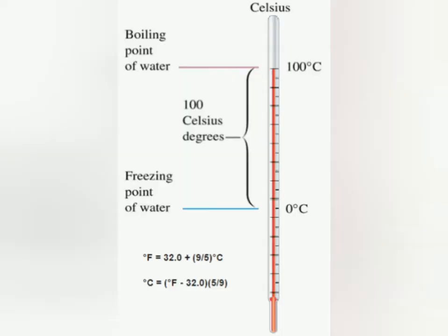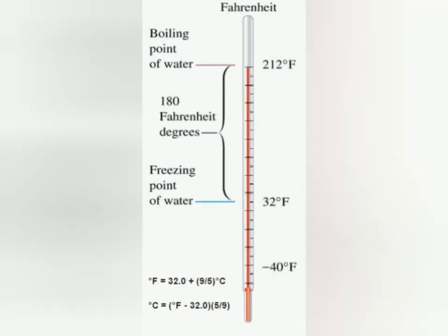Celsius scale. This scale is indicated by degree C. On this scale, the melting point of pure ice is taken as 0 degree C and the boiling point of the water is 100 degree C. The difference between these 2 points is divided into 100 degrees. Next is Fahrenheit scale.